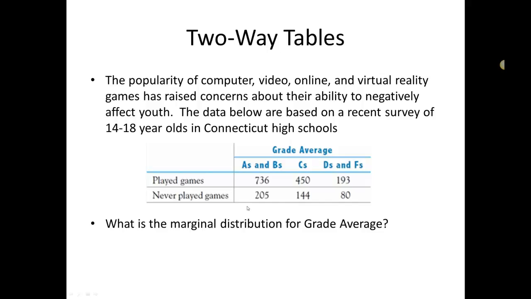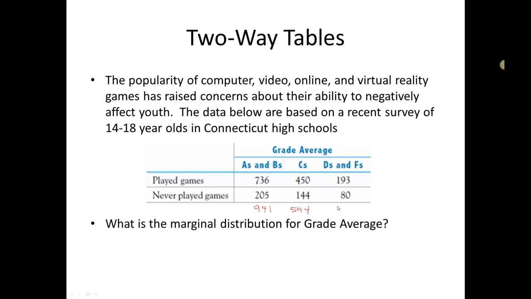Before we can start calculating marginal or conditional distributions, we're going to need to calculate the row and column totals for this table. I'm going to start by adding across the columns. 736 plus 205 gives me 941. 450 plus 144 is 594.